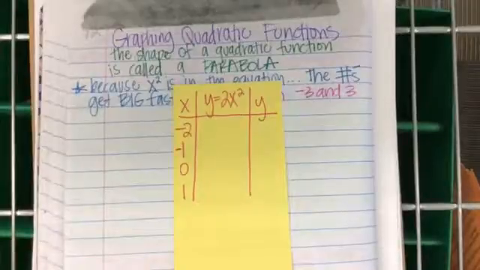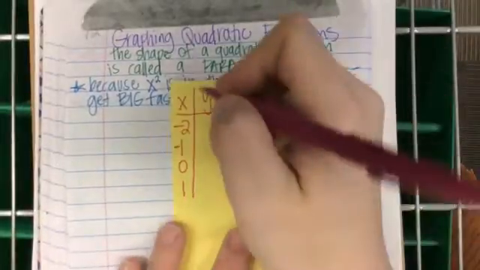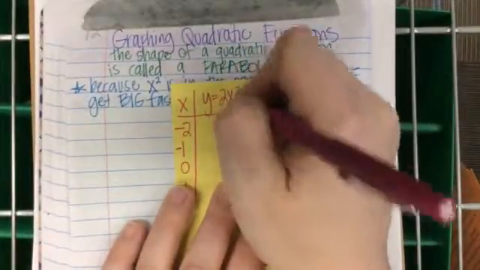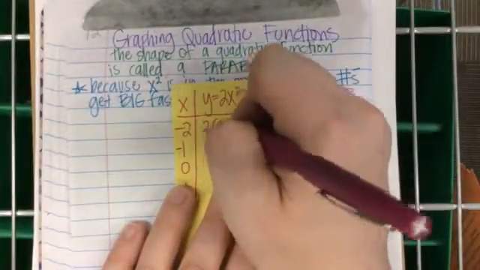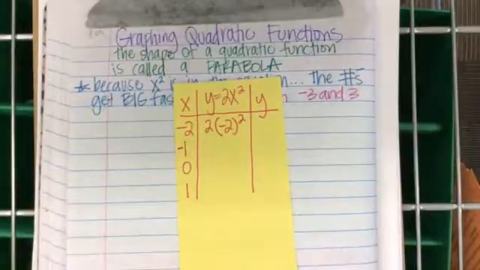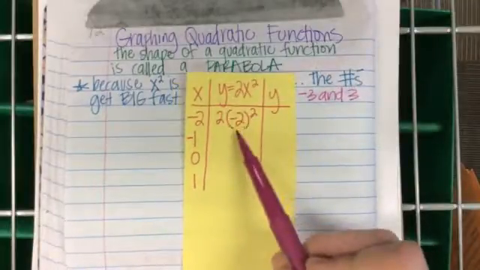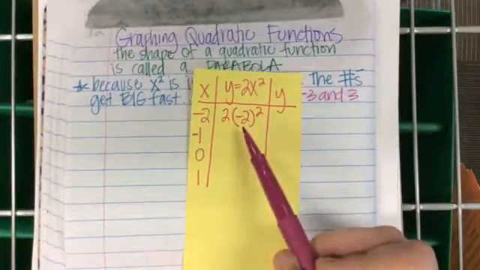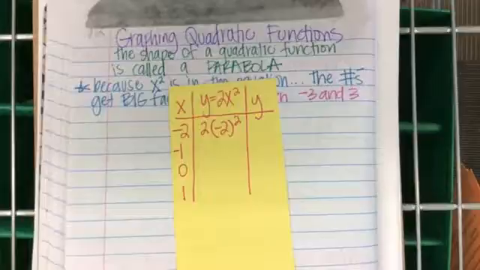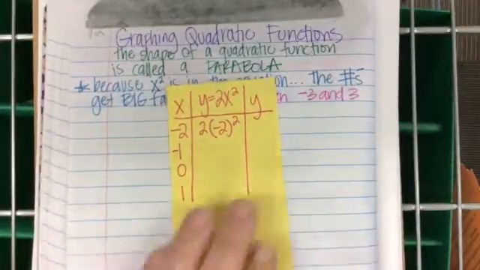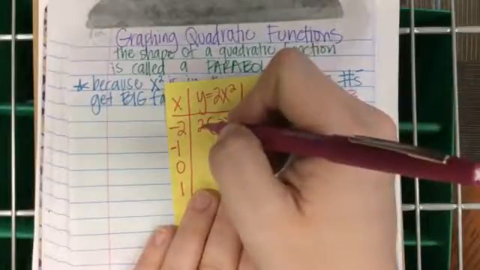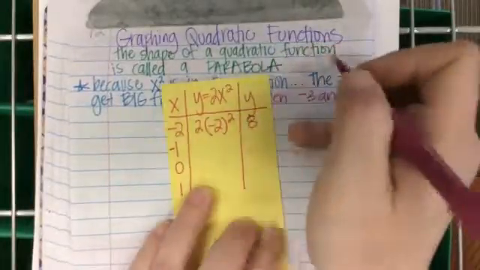So in the middle, I substitute. So 2x squared, so 2, and then instead of x, (-2) squared. Parentheses first, exponents first, right? -2 squared: -2 times -2 is +4. Times 2 is 8.